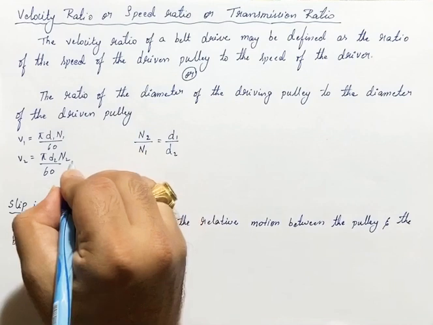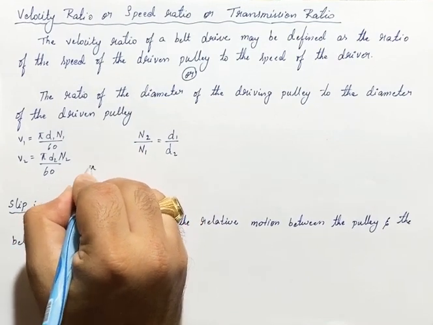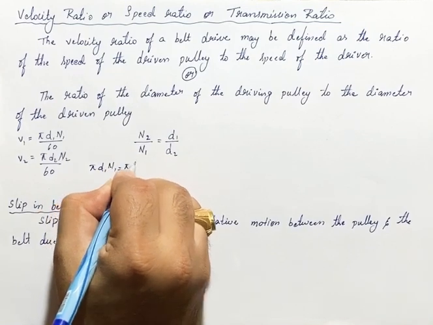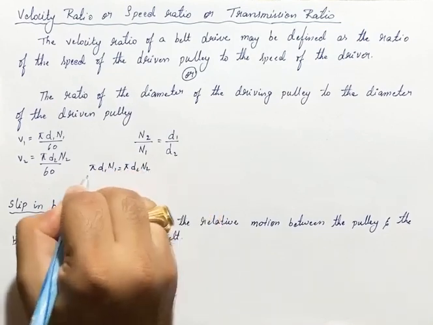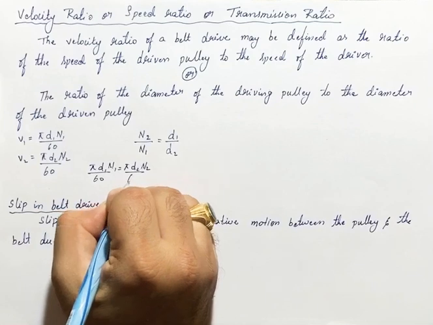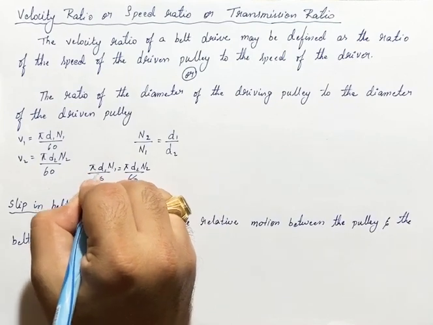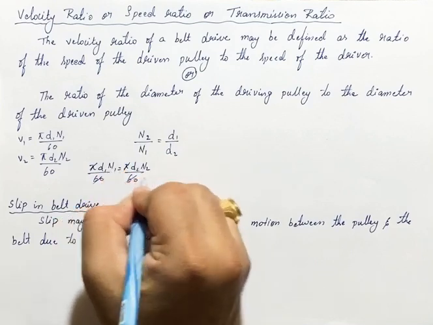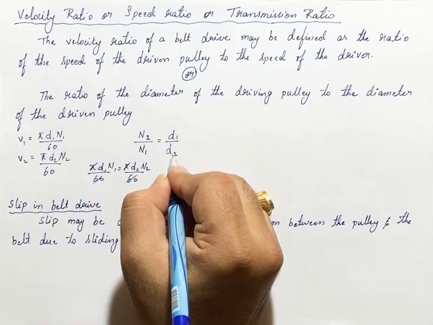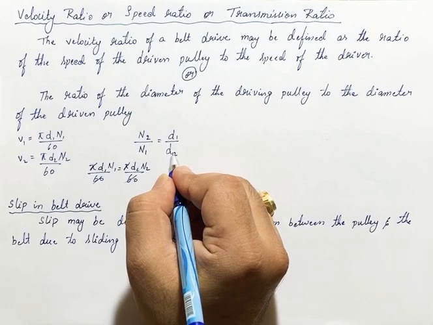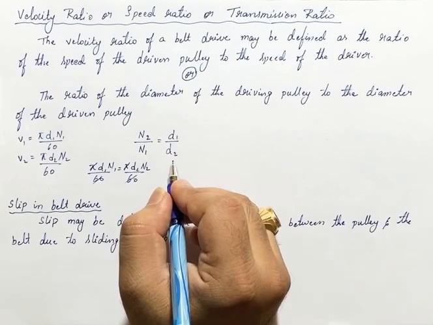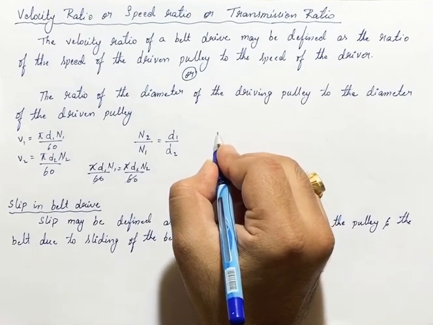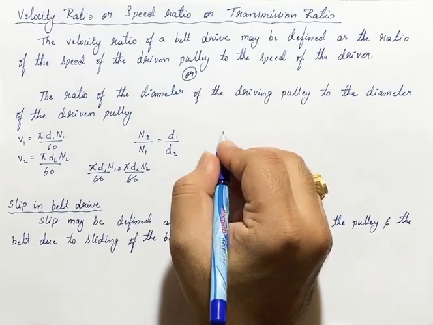So I can write this as pi D1 N1 divided by 60 is equal to pi D2 N2 divided by 60 here. So cancelling this 60 and pi, N2 by N1 will be D1 by D2. This is the definition of the velocity ratio here, right? Sometimes there might be the thickness of the belt. Belt also has thickness.